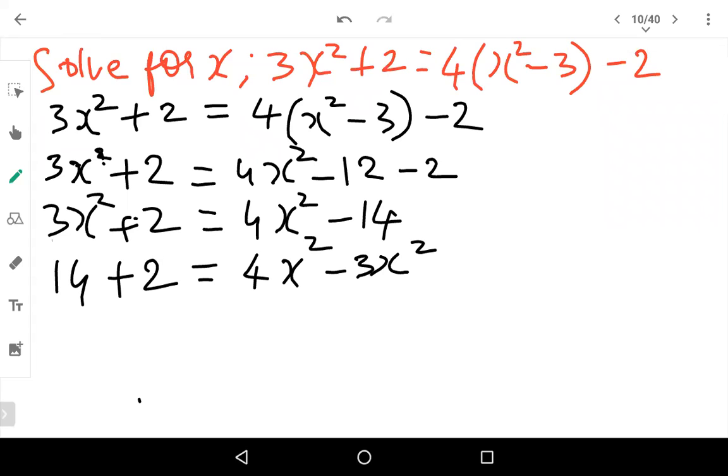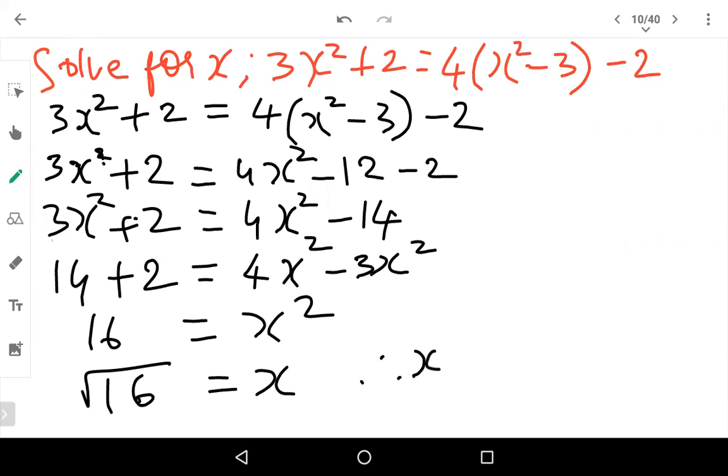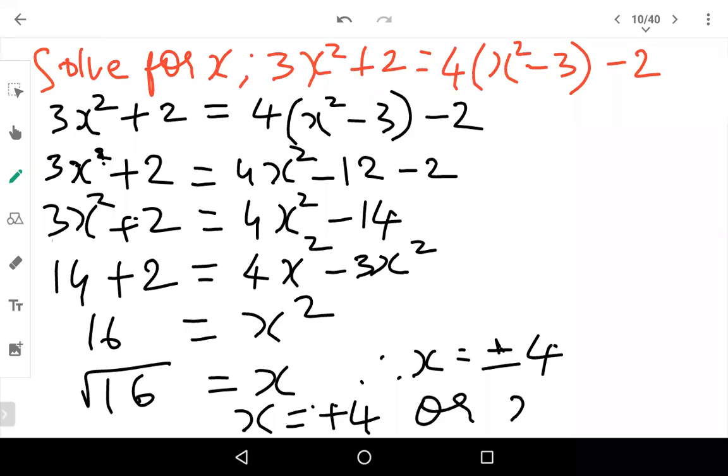Correct, Anusha. 14 plus 2 is 16 is equal to 4x square minus 3x square is x square. So square root of 16 is equal to x. Therefore, x is equal to plus or minus 4. And what will be the conclusion? x is equal to plus 4 or x is equal to minus 4. Everybody got plus or minus 4? Good. Very good.